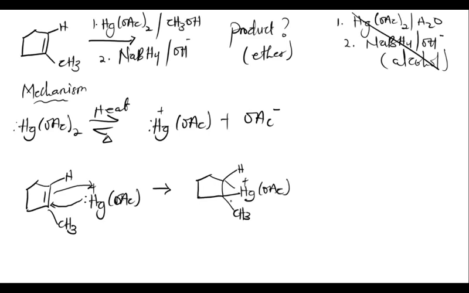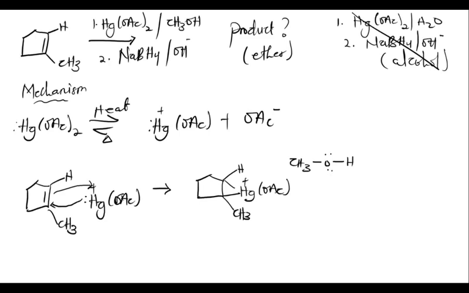okay. All right, so now that we have this, our methanol can now come and attack. So we have our methanol now coming to perform its attack. Now remember, the methanol cannot attack through the same phase, so it has to attack through the opposite phase, okay. So if we assume that the mercuric acetate over here attacked through the front, it means the methanol has to attack through the back side, okay, and not just on any carbon but the most substituted carbon.